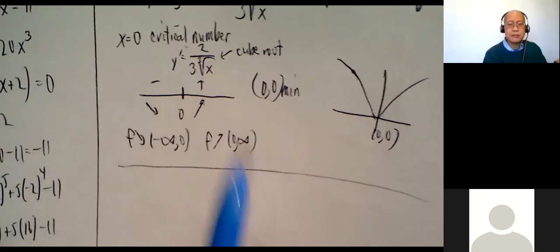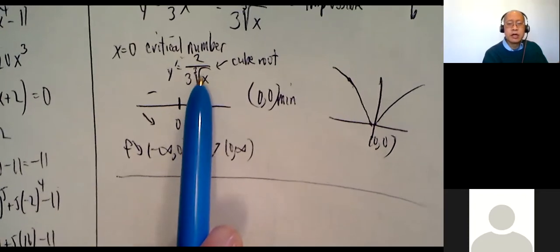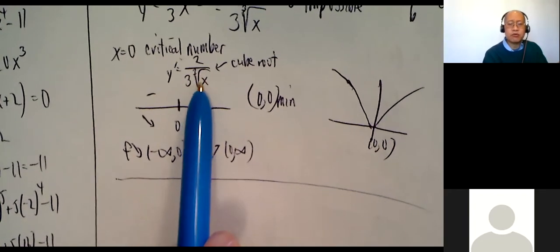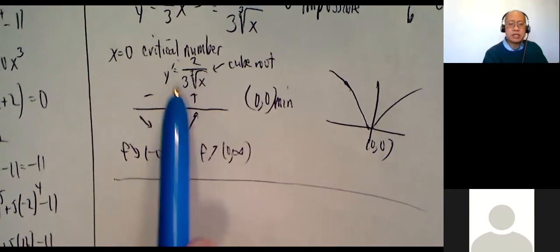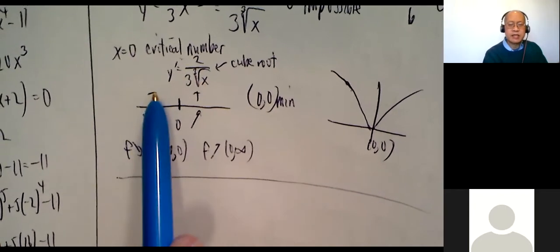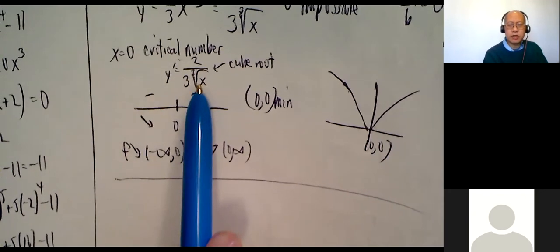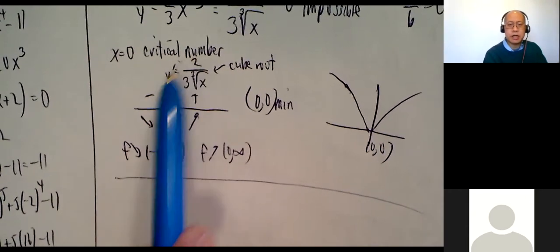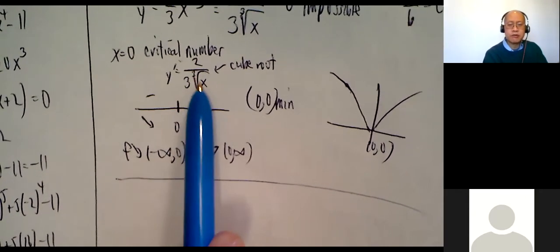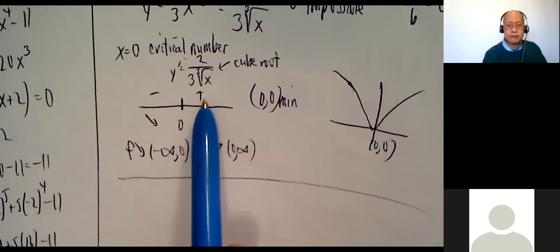Well, it's pretty easy. If I plug in negative 1, the cube root of negative 1 is negative 1. That's positive, multiplied by negative 1, it's negative. Plug in positive 1, it's all positive, right? 2 is positive, 3 is positive, cube root of 1 is 1, that's positive, positive.